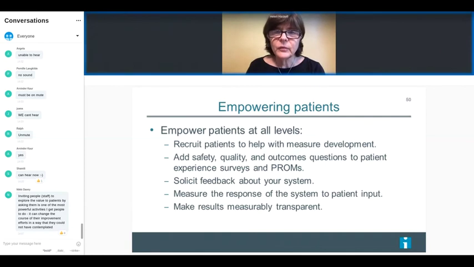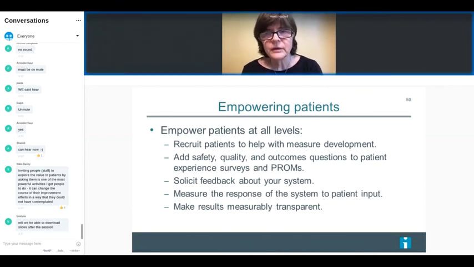There are many ways to bring people into the measurement process. You can recruit patients to help determine both what to measure and how to do it, adding safety, quality, and outcomes questions to patient experience surveys and prompts that are existing and provide a great structure to build on.